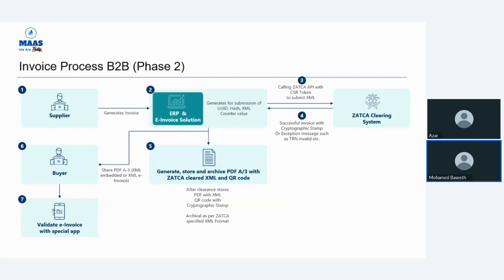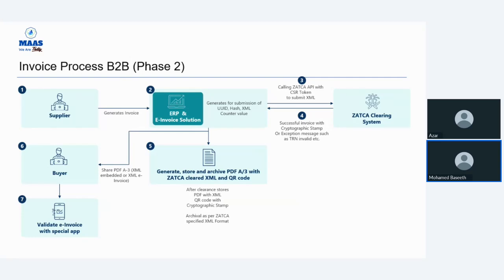And once that is done, then you will generate the e-invoice, and this e-invoice will automatically generate and store two things. One is the PDF version of the same invoice, and there is a specific recommended format in which it has to be saved, which is called A3.